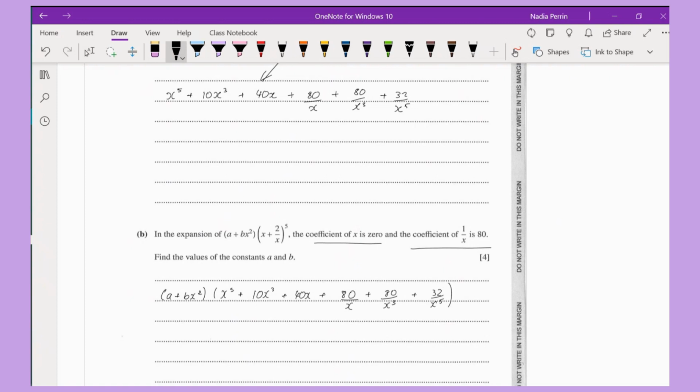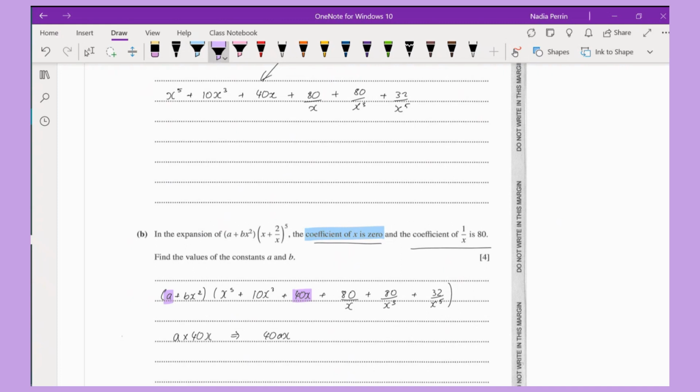So first of all, if we're thinking about the coefficient of x is 0, what on earth is going to multiply to give us x? So hopefully you can see that if I multiply a by 40x, that's going to give me a term that's just got x in it. So we've got 40ax there.